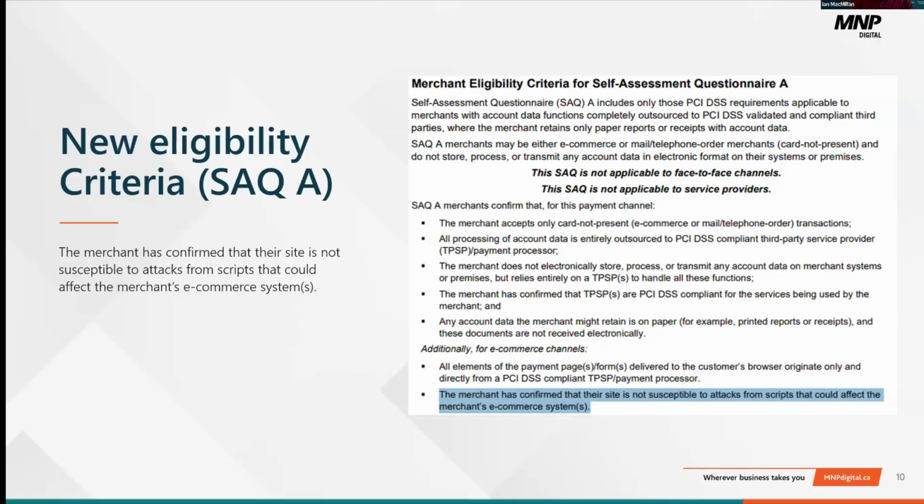As a QSA team here at MNP, we've put our heads together and decided how we want to do this. We've decided that we would accept demonstrating 6.4.3 and 11.6.1 as sufficient to meet this eligibility criteria. So if you're looking to figure out what you need to do to be compliant with this eligibility criteria in your SAQ A, implementing the two requirements that I just showed you is how you can do that.